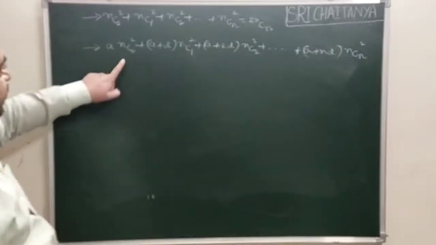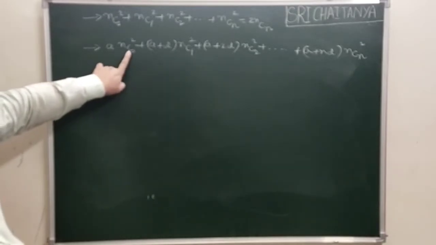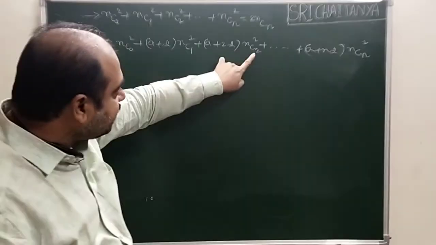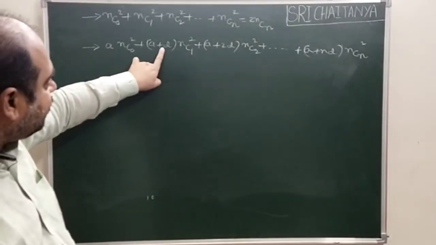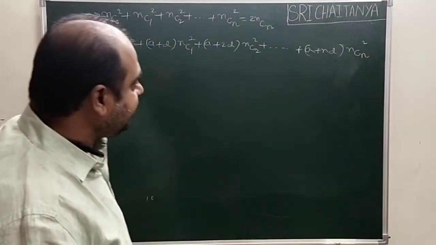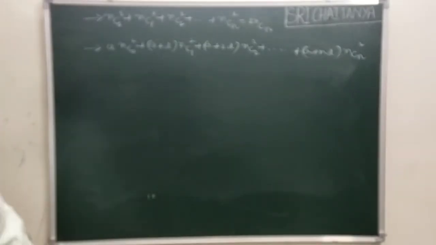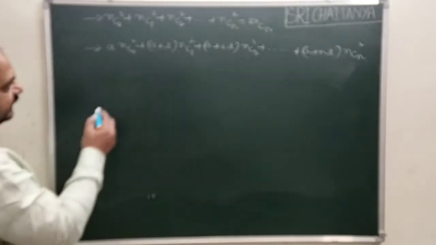We have seen the same model when squares are not there. When squares are not there, the numbers before binomial coefficients will be in AP. Such type of model we will see in squares.